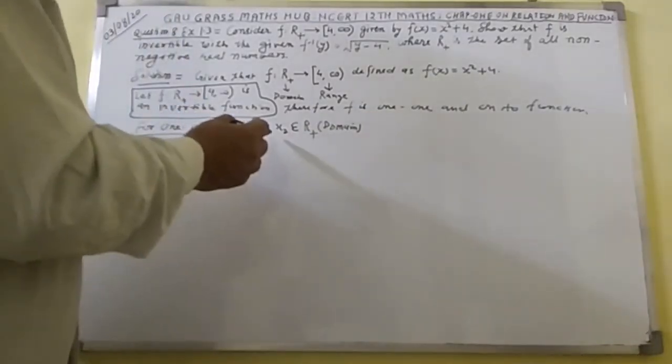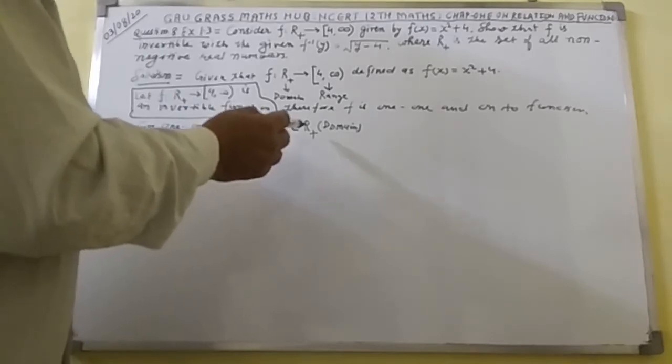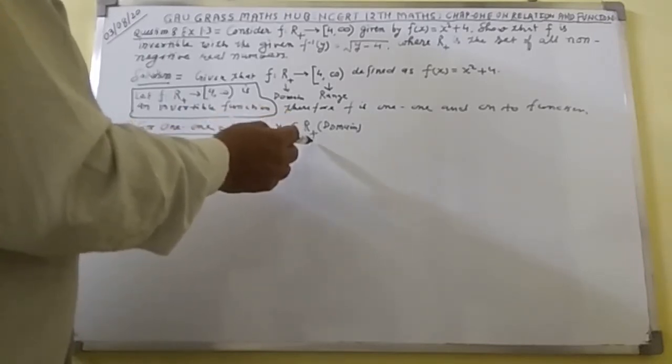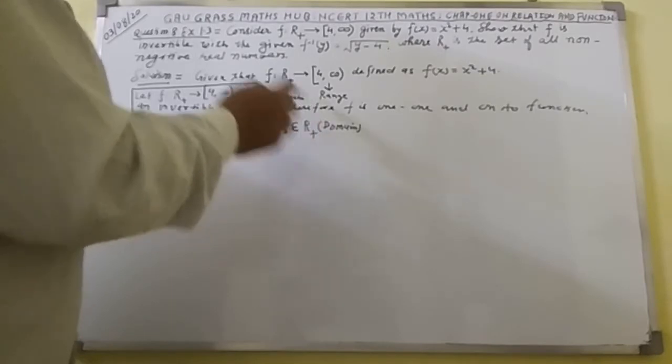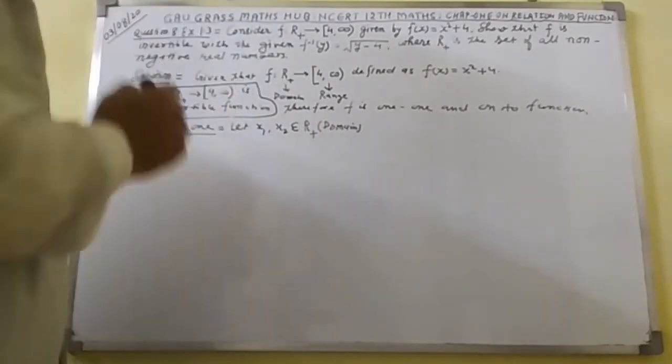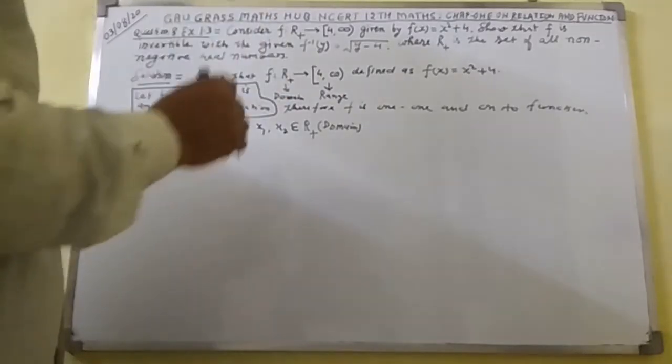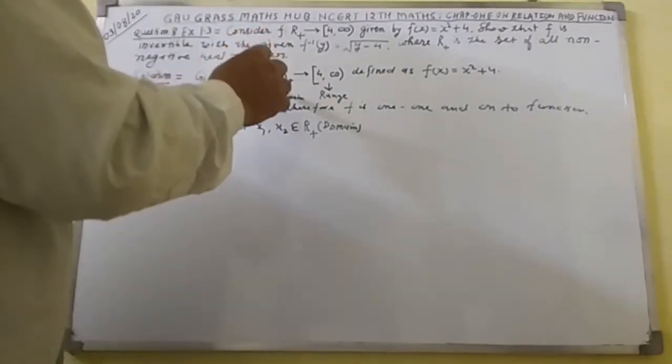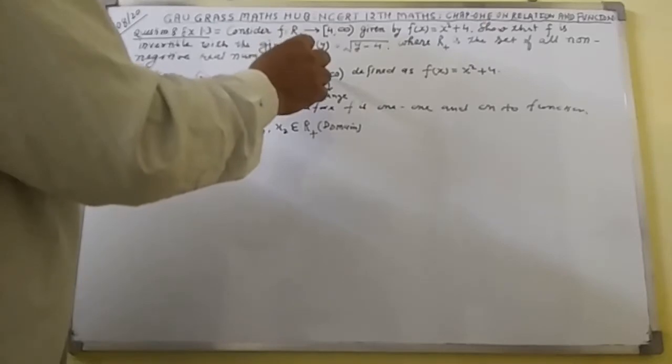Let x1, x2 belong to R+ (the domain). This is the domain, this is the range in the case of an invertible function. If the function is not invertible, this is known as the domain and this is known as the codomain.